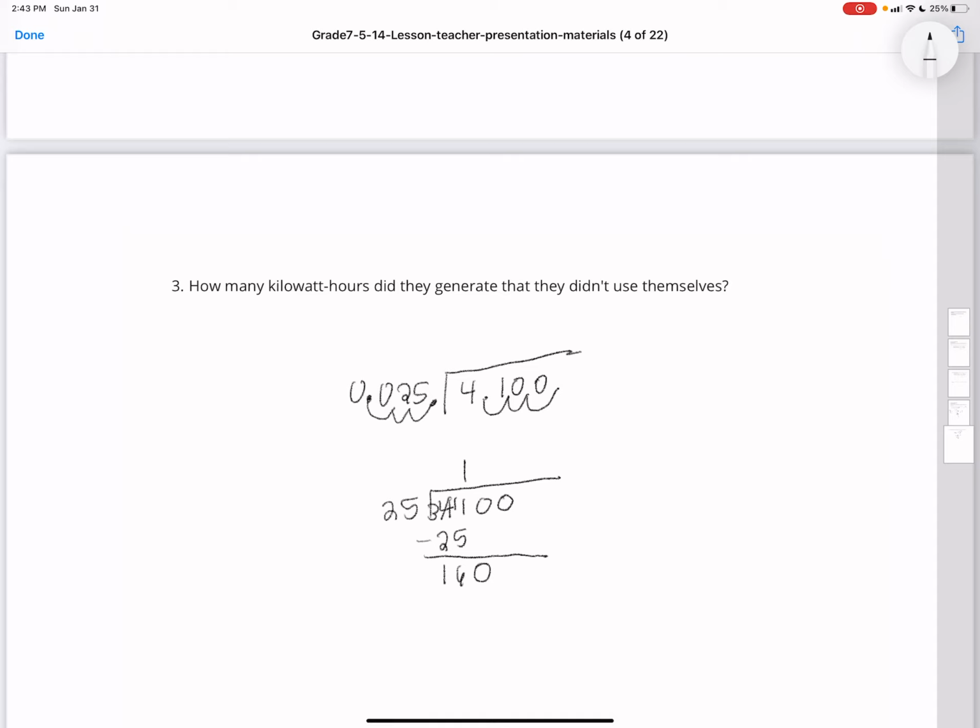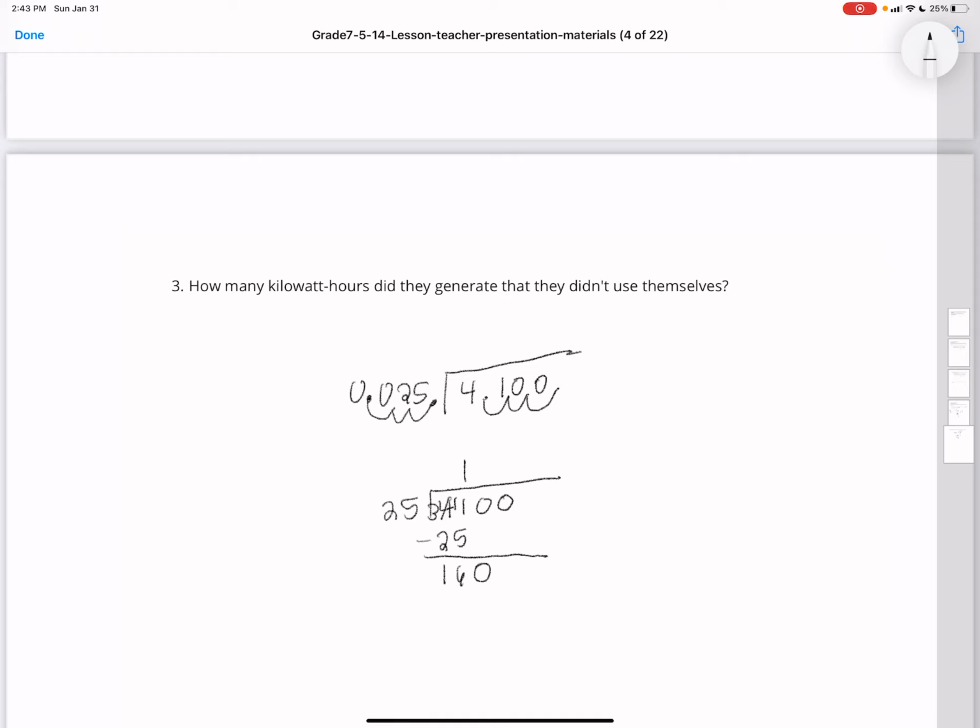And I'm going to interrupt my thought process. Anytime I divide by 25, I always think about quarters, because that's something I'm most familiar with. I always tell my students, hey, when you divide by 25, think about quarters. Think about money. That helps develop fluency when dividing by 25 or even multiplying by 25. So how many times can 25 go into 160?